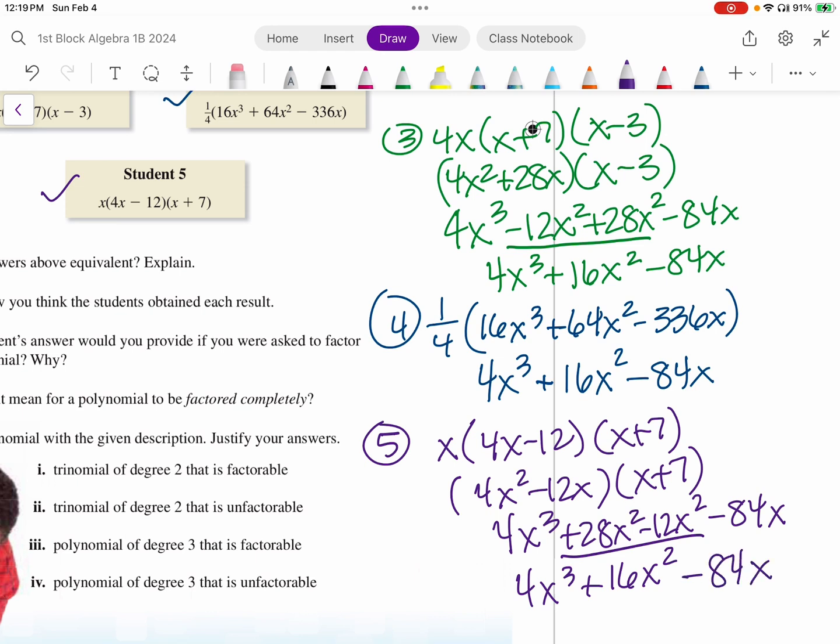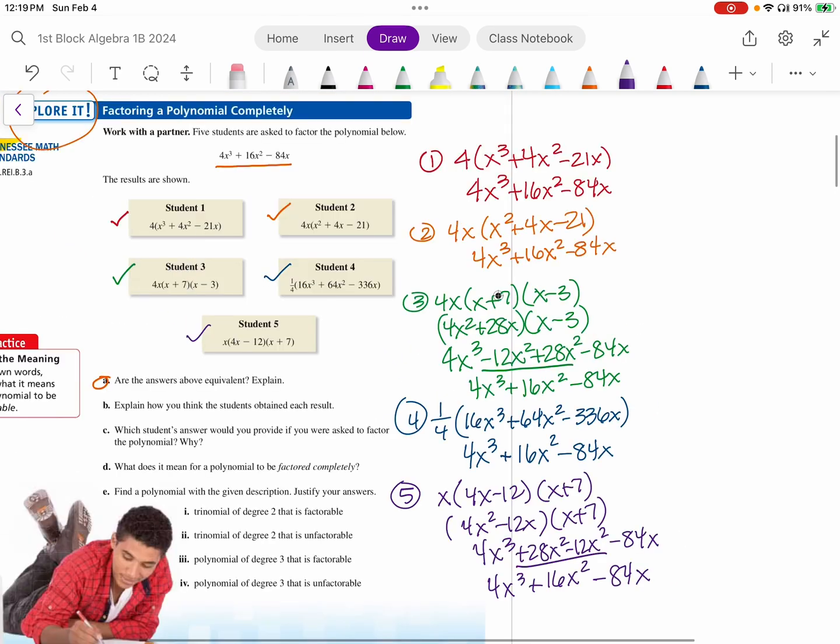So you notice that every single one of these students factored that trinomial, and they all factored correctly because when we multiplied them back out, we got the exact same trinomial as we started out with. All right, so what does that mean? Are all of these answers correct? Is one of them more correct than the other?